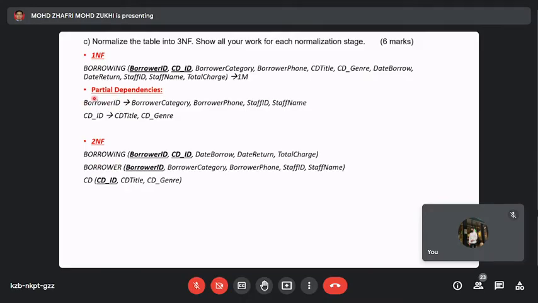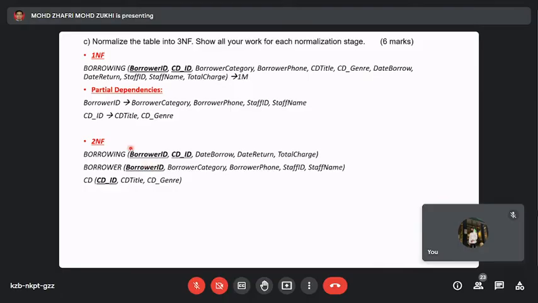Borrower ID is not a table, it is a primary key. So borrower ID and the rest of the partial dependency are within the borrower table. So we create borrower, and inside it you put the primary key borrower ID followed by borrower category, borrower phone, staff ID and staff name.